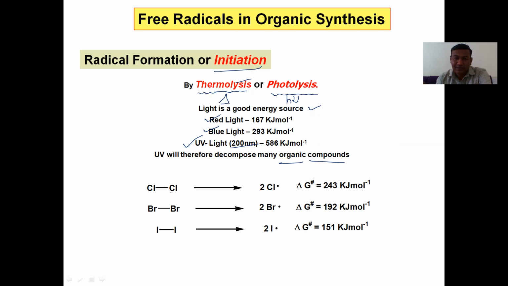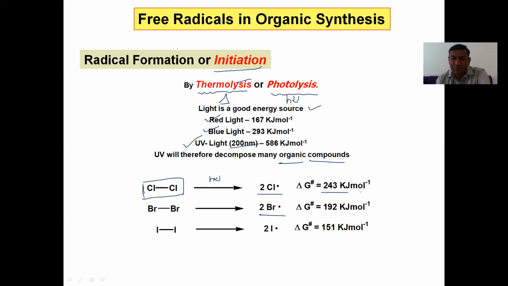Suppose in that compound we have Cl2, and if we use light on Cl2, there will be radical formation, and the energy required for that is 243. What about bromine?